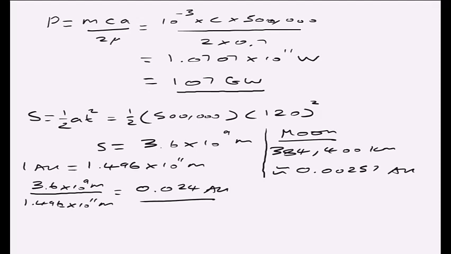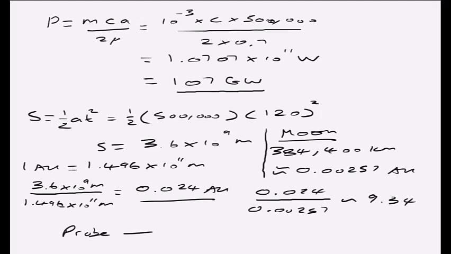And so if we work out the difference between those two numbers, 0.024 divided by 0.00257, we get a number of around 9.34. In other words, the probe, when it's accelerating for 2 minutes, will have gone to a distance of approximately 9 times the Earth-Moon distance under acceleration.